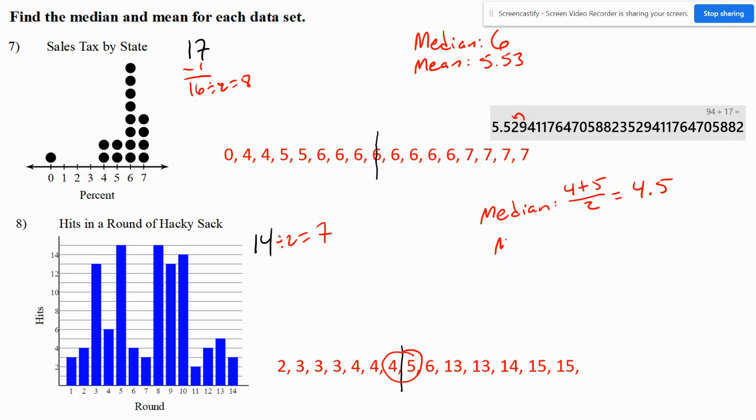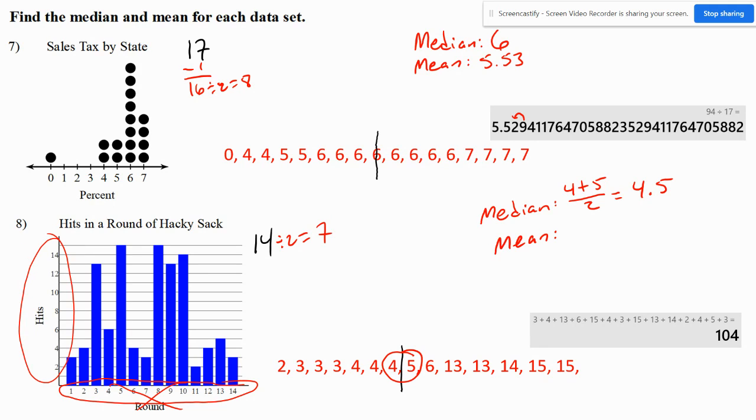Now let's work on the mean. I'm going to grab a calculator and add all my numbers. Do notice though that I'm not working with the numbers at the bottom. I'm working with the numbers on the left. So I added all my numbers and I happen to have 104.